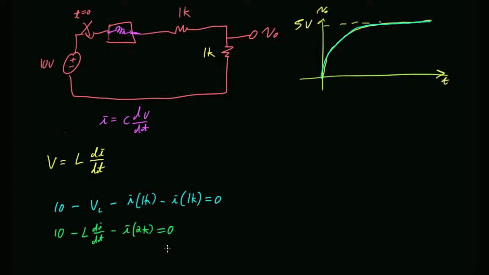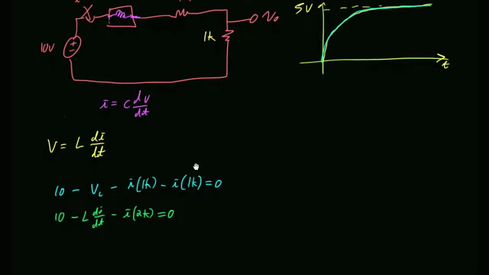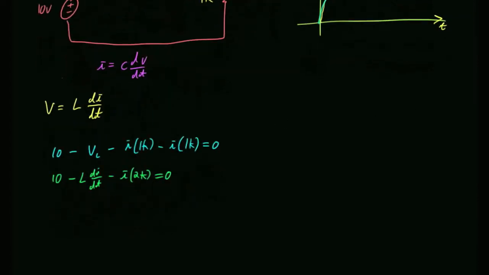You can reorganize that to get di/dt plus 2K over L times I equals 10 over L. So there's your differential equation.